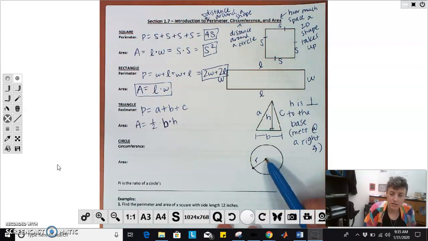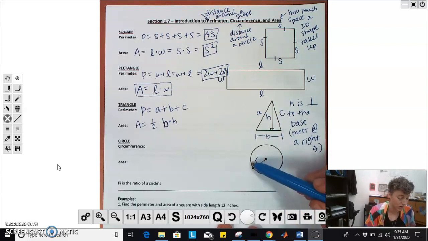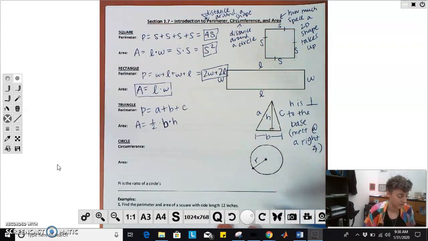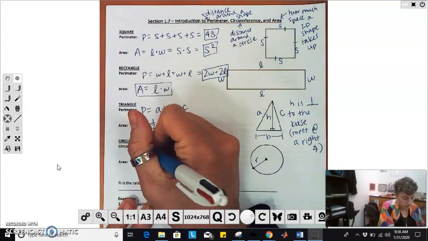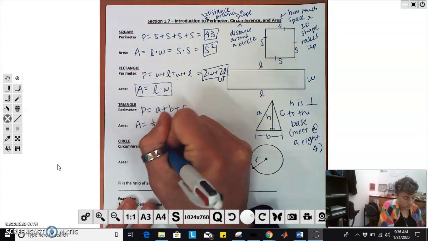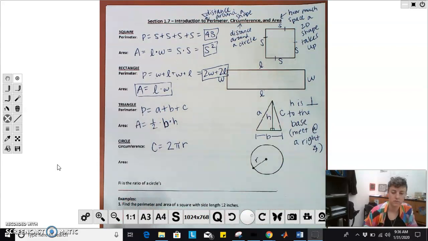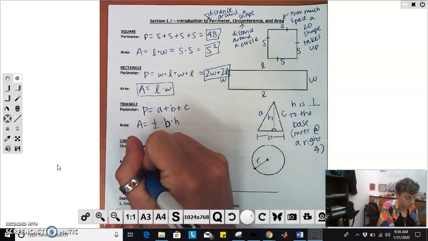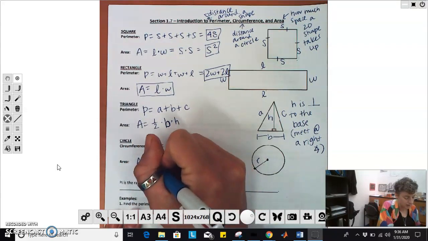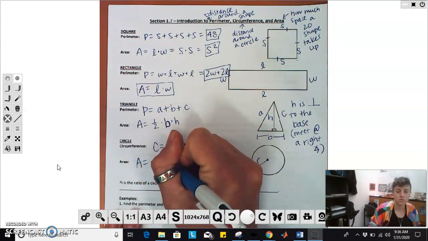Our R is our radius, the distance from the center of the circle to the outside, and we're going to use that to find the distance around the circle and the area. Circumference is our distance around the circle. That's 2 pi r, 2 times pi times the radius. And area of the circle is pi r squared.